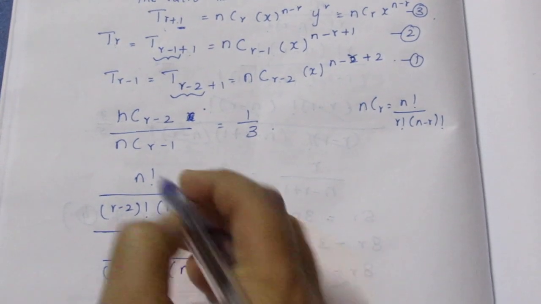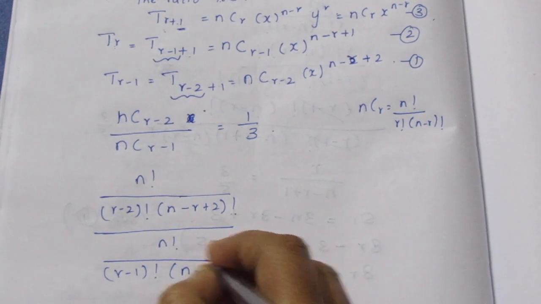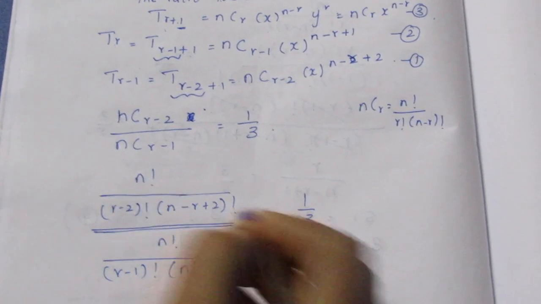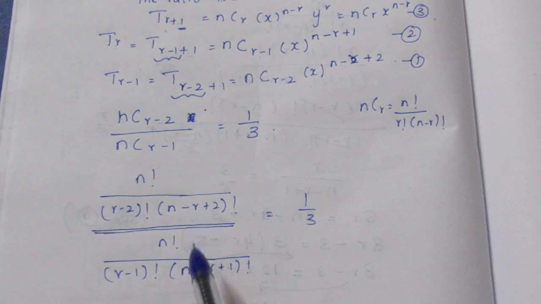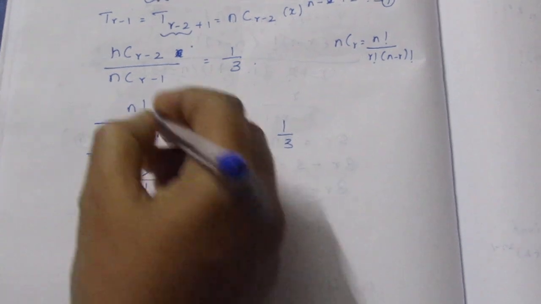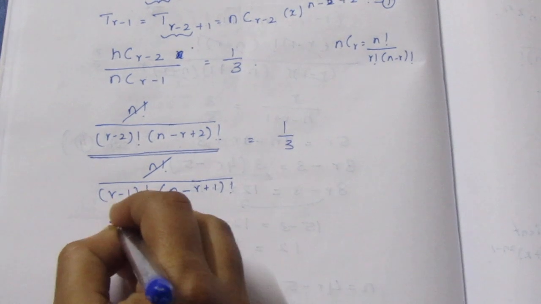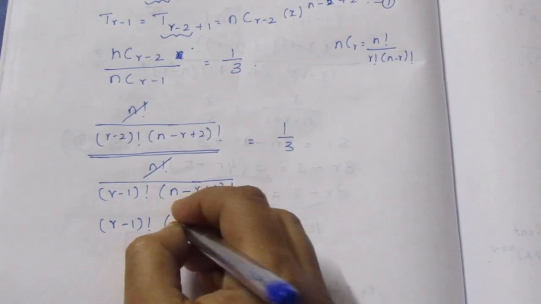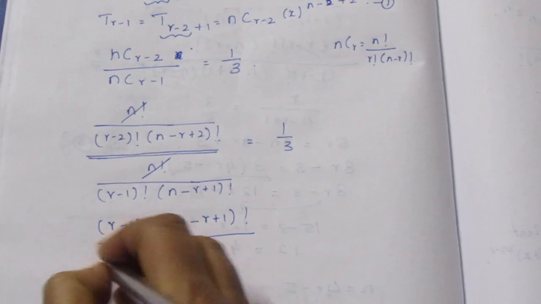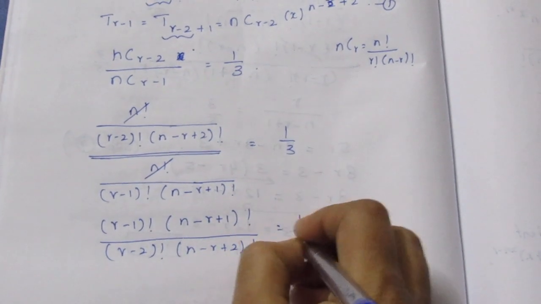We have n minus, with two numbers, so if the minus sign goes inside it becomes plus 1, equal to 1/3. This is the main denominator, so I am writing 2 dash to differentiate, because seeing this you will see better. Here this gets cancelled. This goes as a reciprocal and goes to the numerator. It becomes (r minus 1) factorial into (n minus r plus 1) factorial by (r minus 2) factorial into (n minus r plus 2) factorial equal to 1/3.